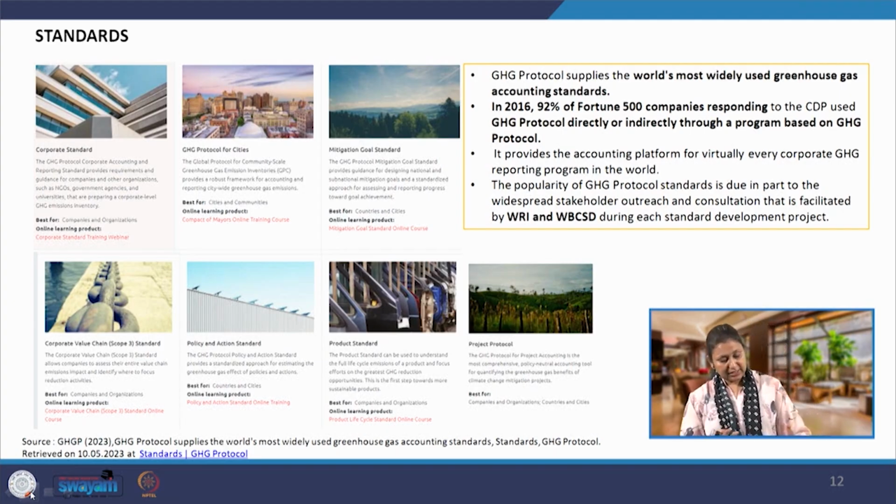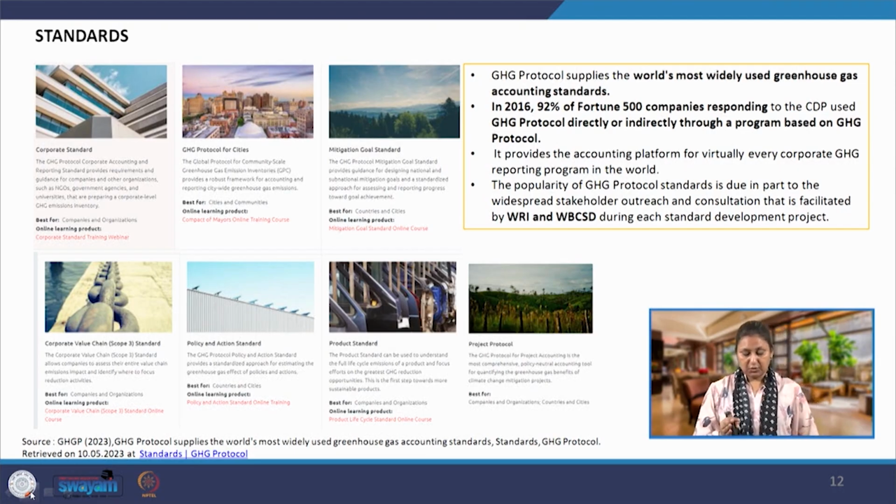Then the product standard can be used to understand the full life cycle emissions of a product and focus on the greatest GHG reduction opportunities. There are different products, and they have different activities which have to be undertaken for manufacturing them. Which activities require specific focus if we want to reduce GHG emissions is what this particular standard deals with. And the last one is the project protocol.